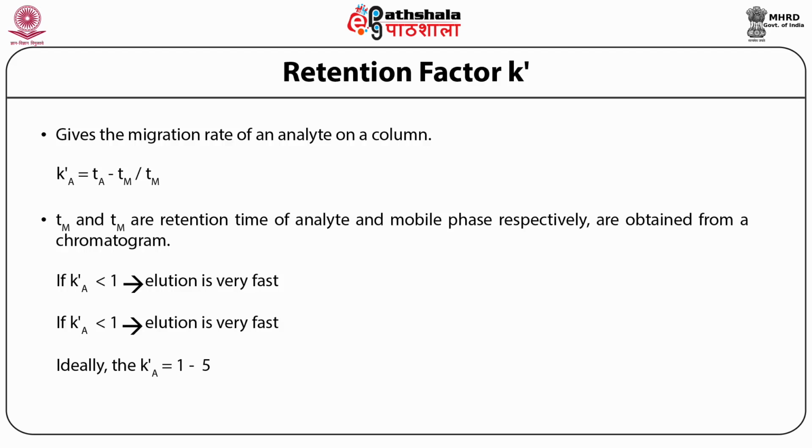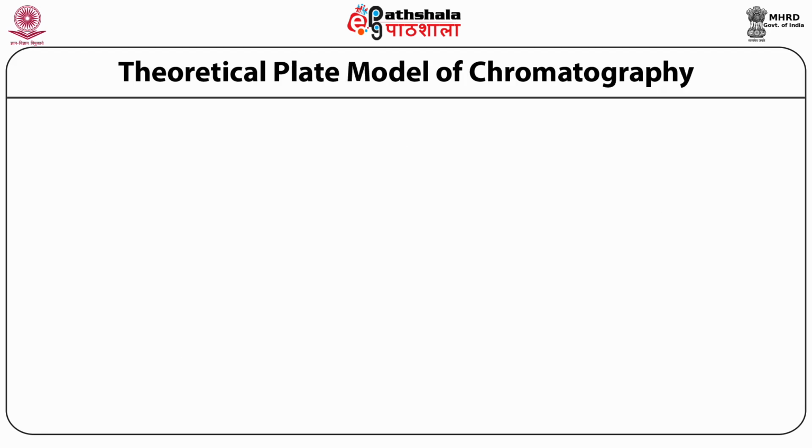Thus, the ideal value of the retention factor for an analyte is between 1 and 5. In order to understand the process of equilibration of components inside the chromatographic column, it is supposed to be comprised of a large number of separate layers called theoretical plates.